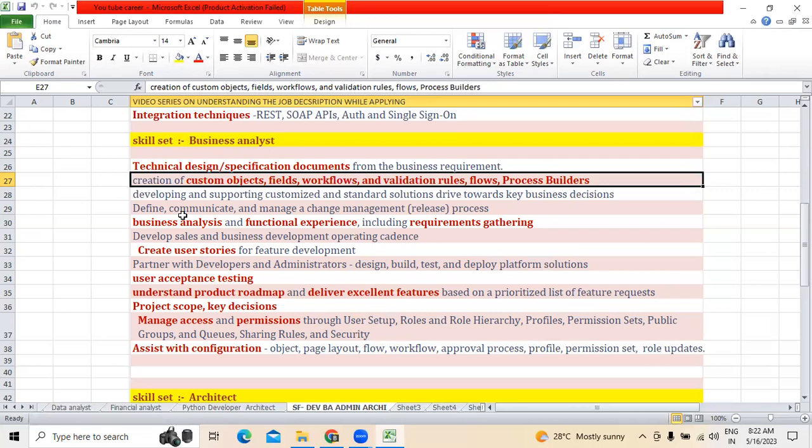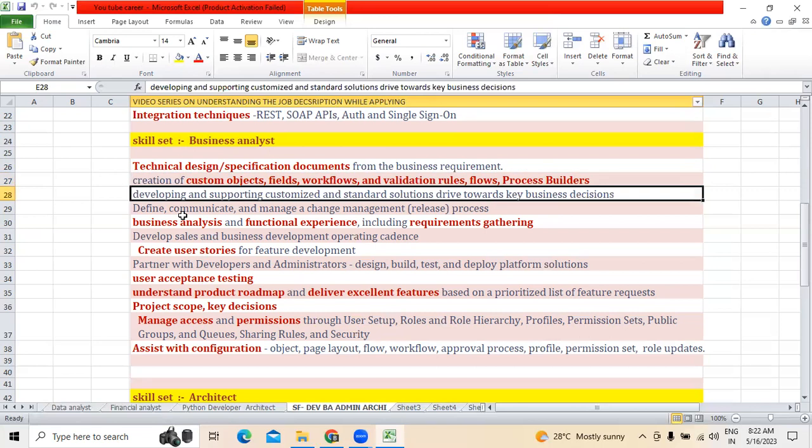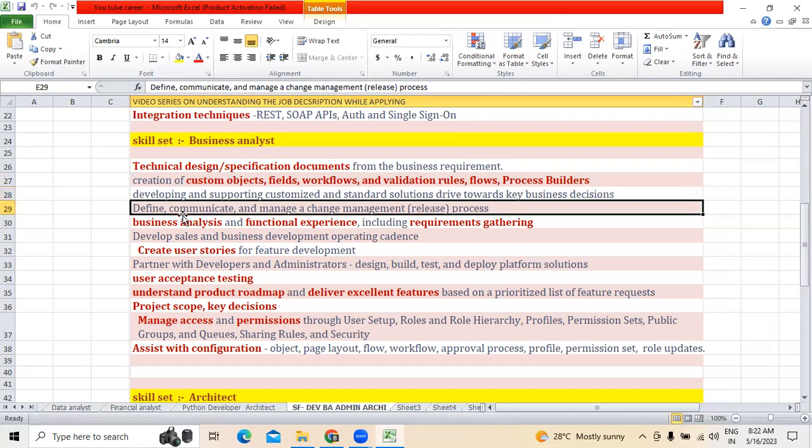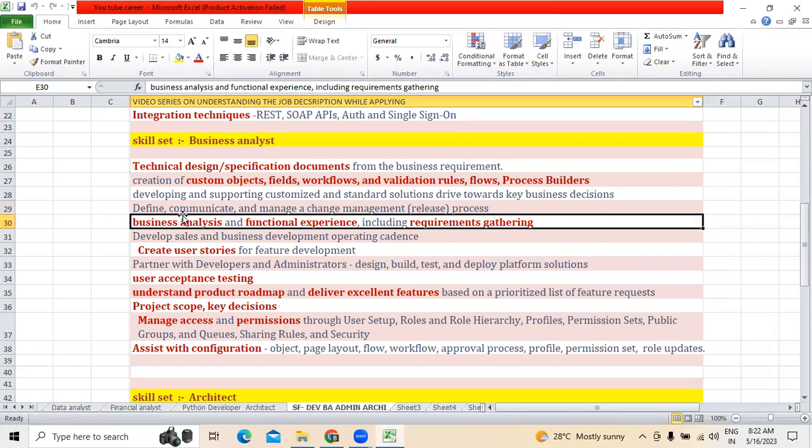You will also be an active participant in providing key business decisions by developing and supporting customized standard solutions by interacting with the development team. You must be a part of change management as well as the release planning process. At the same time, you must have experience in understanding the requirements, which is a common skill set for any BA.